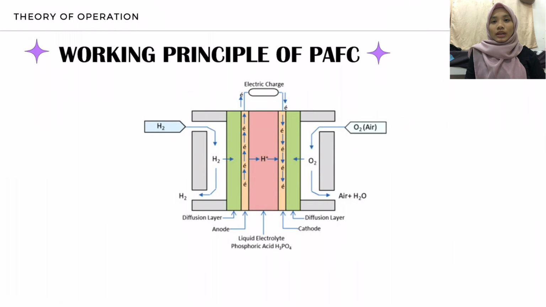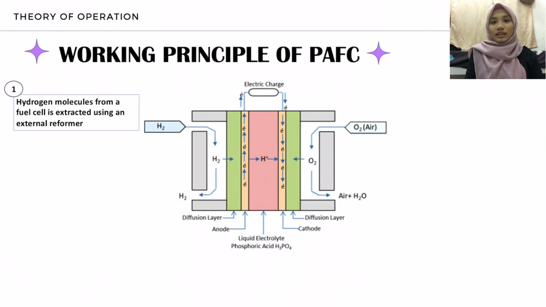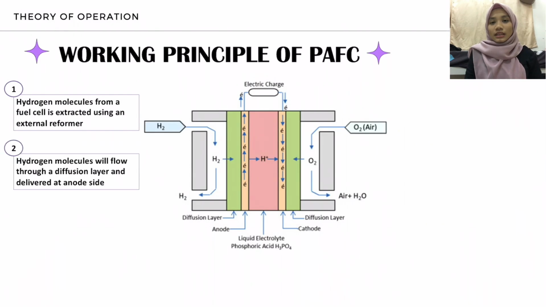Next, I will explain the working principle of the phosphoric acid fuel cell. First, hydrogen molecules for the fuel cell are extracted using an external reformer. Second, hydrogen molecules flow through a diffusion layer and are delivered at the anode side.